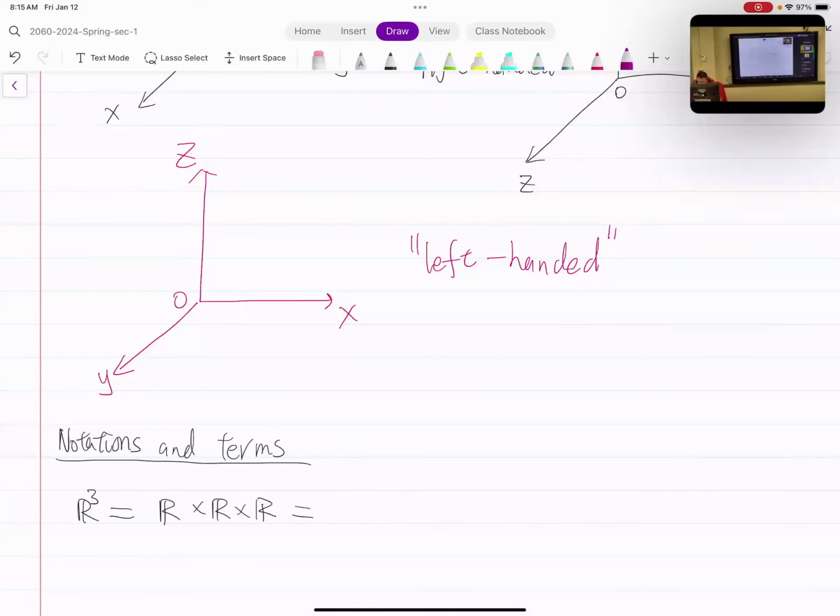The left-hand side is actually a shorthand of the expression in the middle. What does it mean? It's going to be the set of all the tuples such that x, y, and z are just free real numbers. X, y, z are all real numbers. Here, this symbol looks like an E, and it just means belongs to.